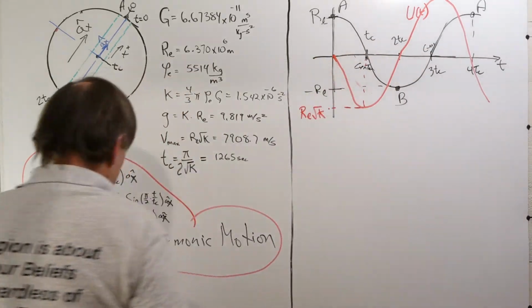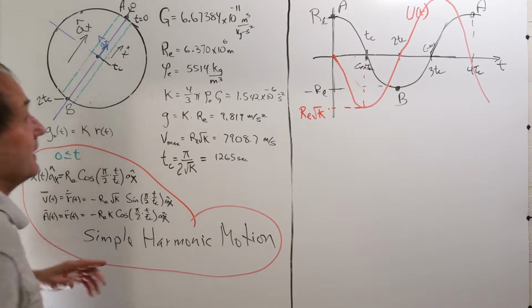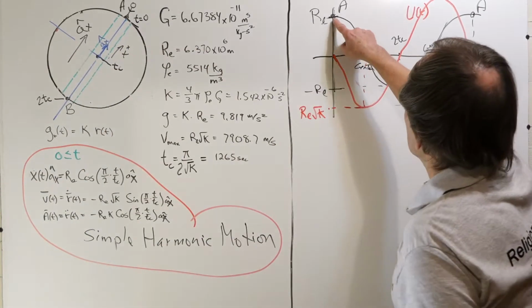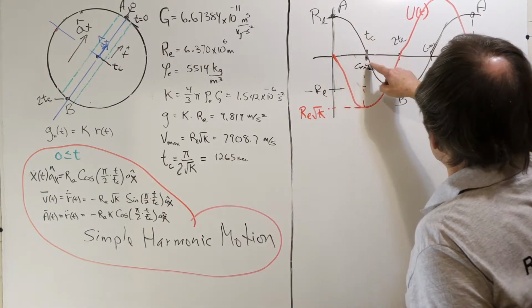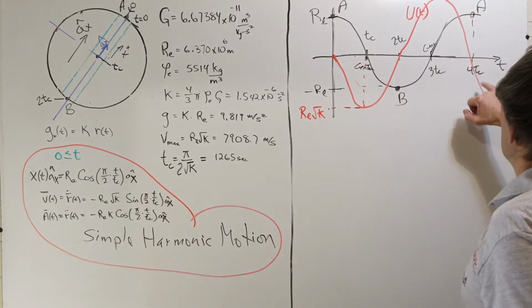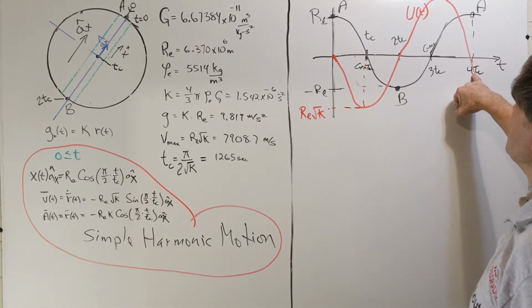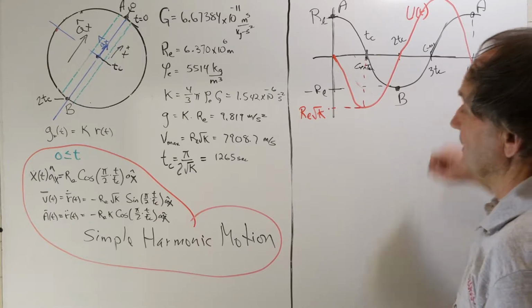And we see that the period, if we go like on the cosinusoid, is 4tc. That's one complete period.